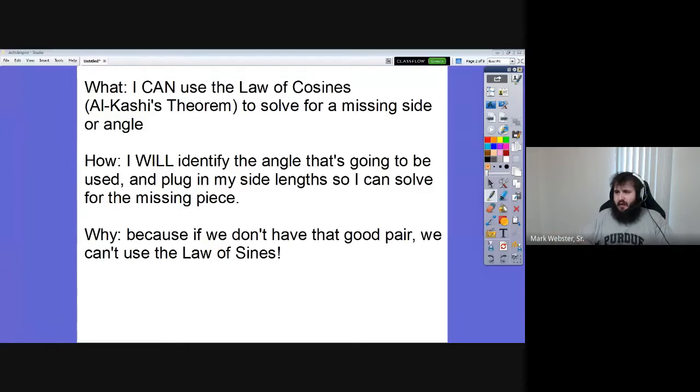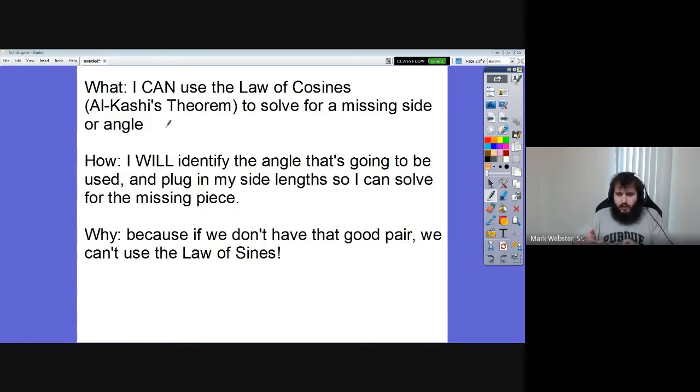Outside of the United States, you're sometimes more likely to hear it called Al-Keshi's theorem, but we in our book refer to it as the law of cosines. But it's important that we know our history, right?